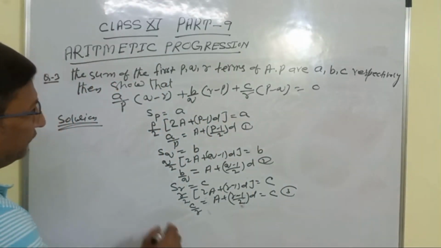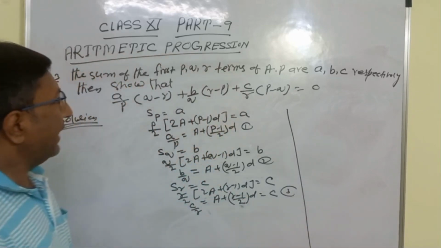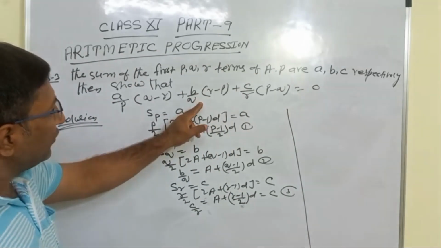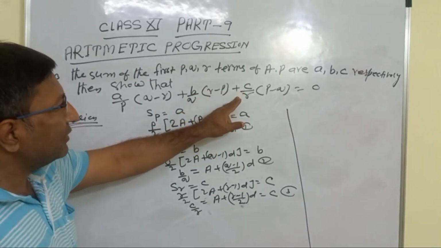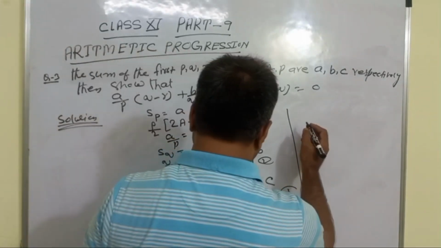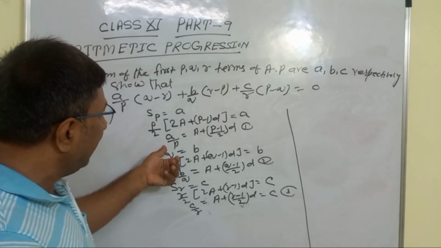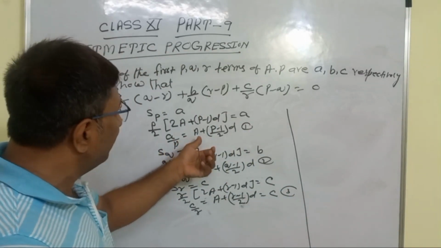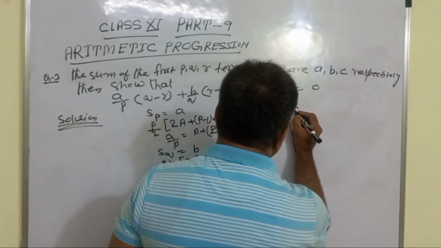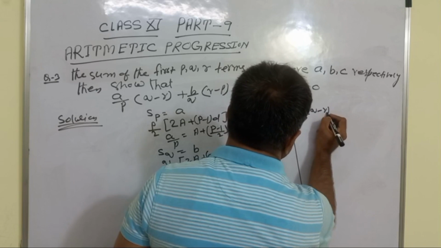Now you see, we have to find the LHS. a by p into q minus r, b by q into r minus p, c by r into p minus q. So if we are finding a by p into q minus r, so here a by p, and we have to find what? q minus r. So here a upon p into q minus r.